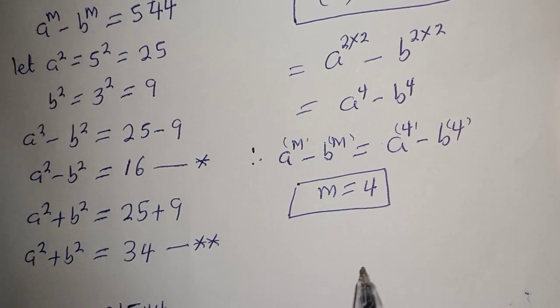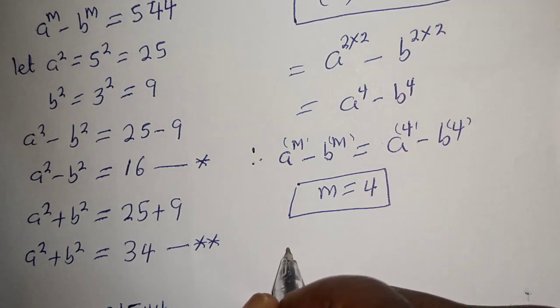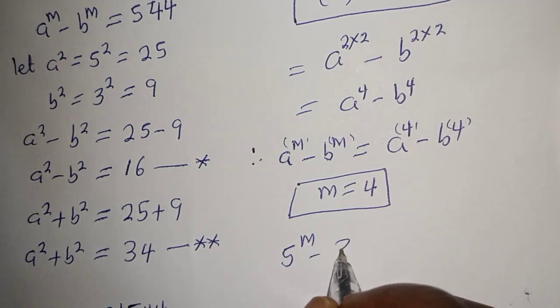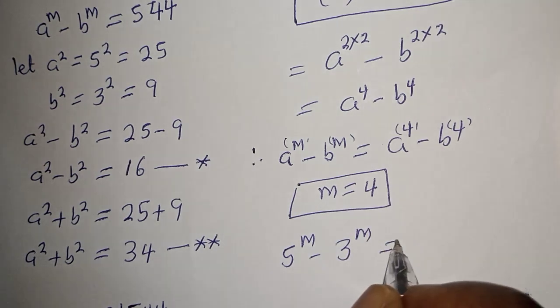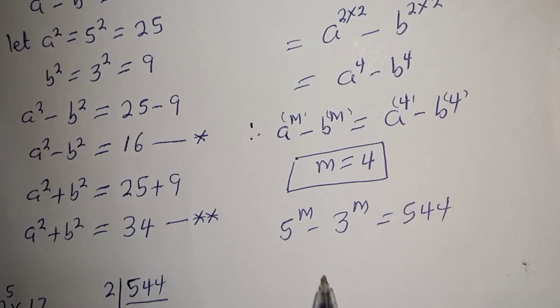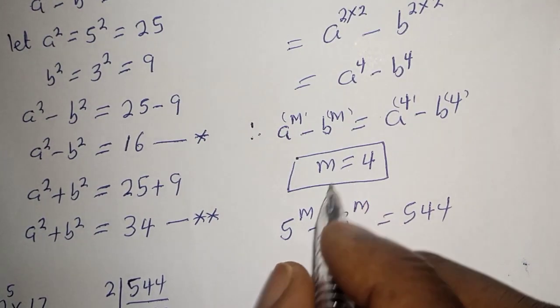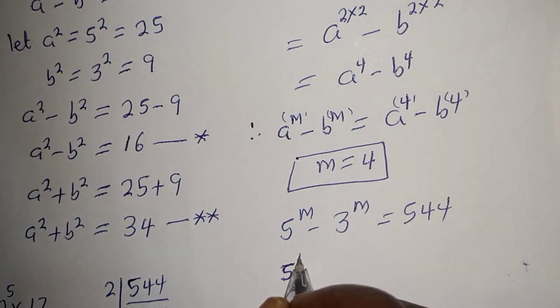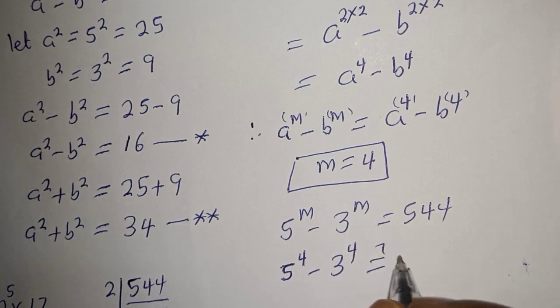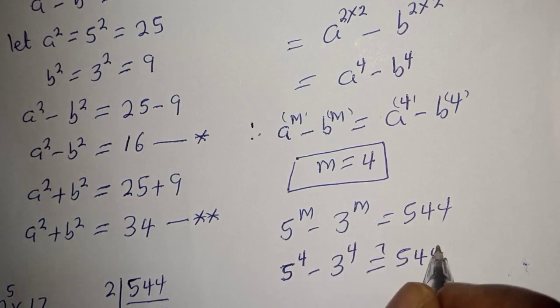So let's confirm. We have 5 raised to power m minus 3 raised to power m is equal to 544. Then when m is 4, we have 5 raised to power 4 minus 3 raised to power 4 must be equal to 544.